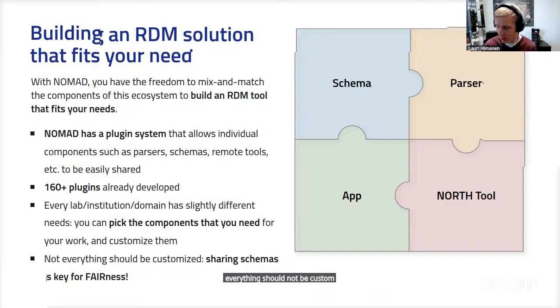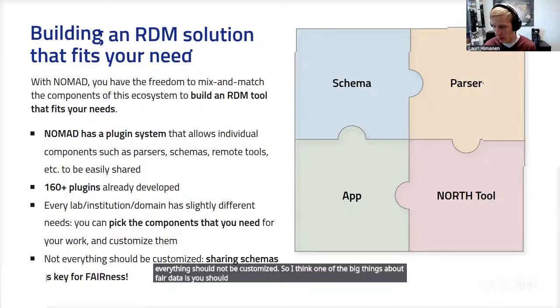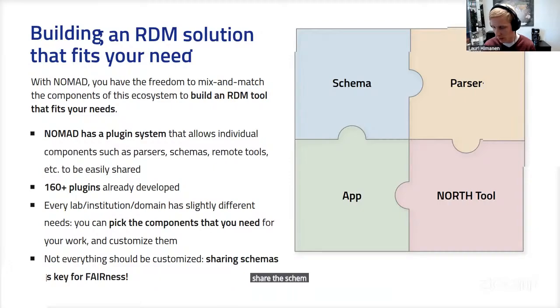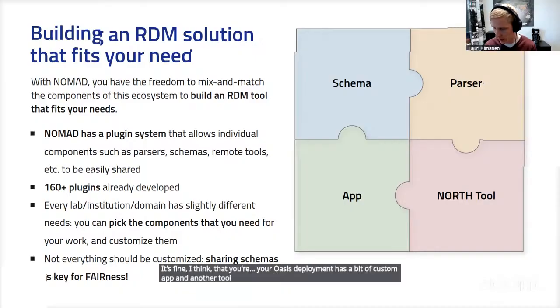I think one of the big things about FAIR data is that you should share the schemas in order to make your data FAIR. So it's fine that your Oasis deployment has a bit of a custom app and a tool to analyze the data. But across Oasises, we want to push this idea of sharing the schemas.